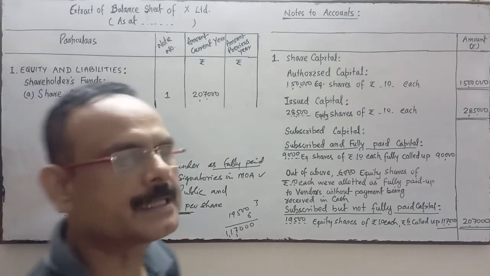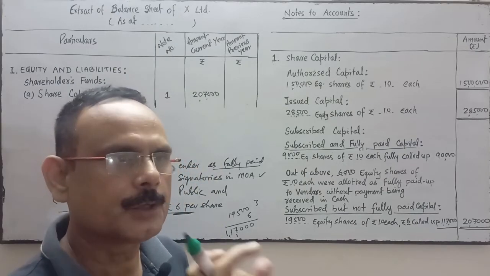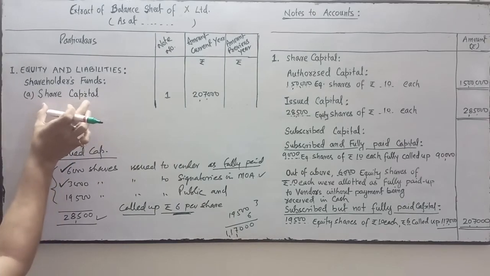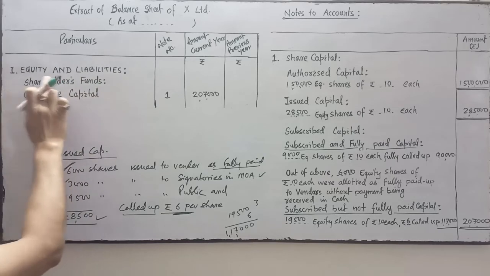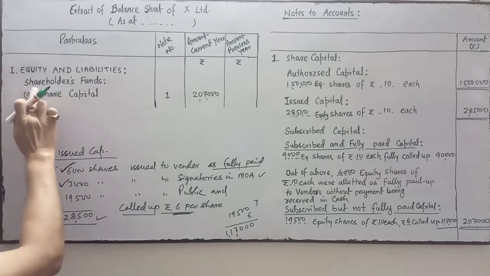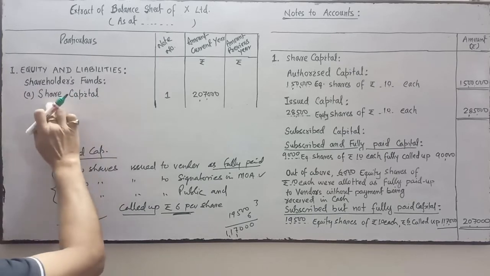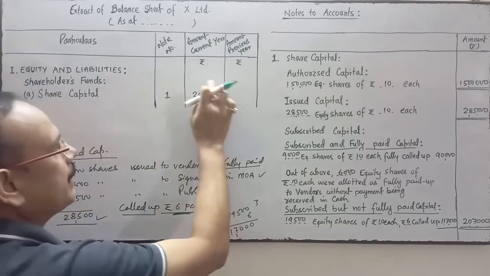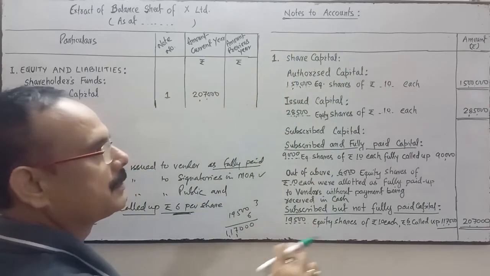So we have discussed only share capital and the notes in the balance sheet, only this much. This equity and share capital is reflected under the heading equity and liabilities, under the subhead shareholders' funds, and under shareholders' funds, share capital. And if you want to know the detail of how this figure comes, then you have to see the notes to account.